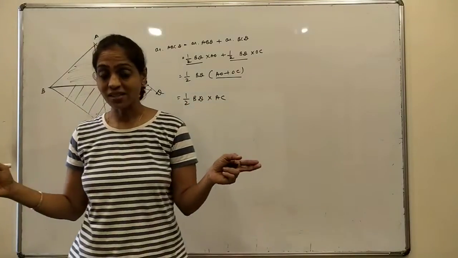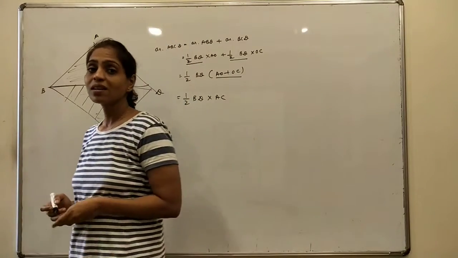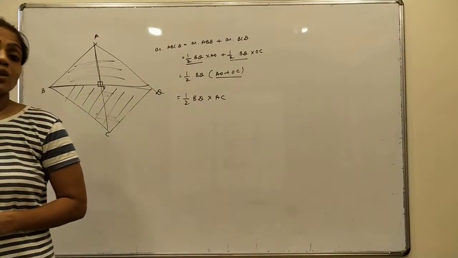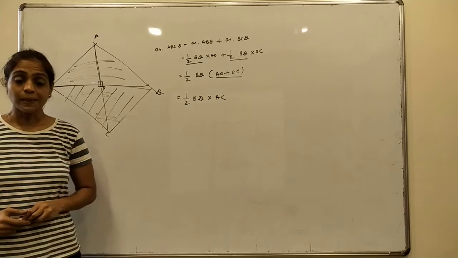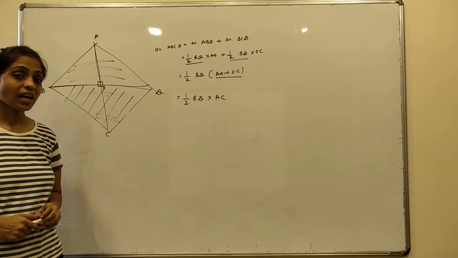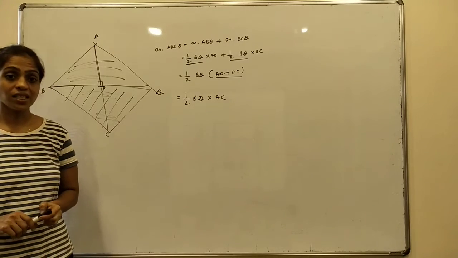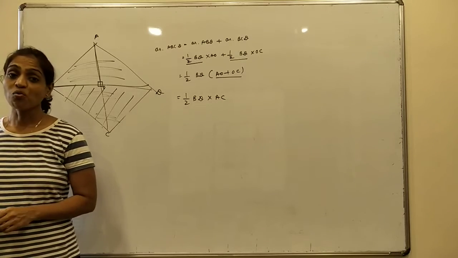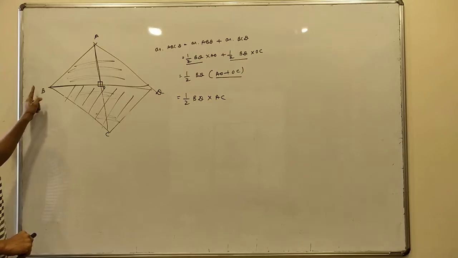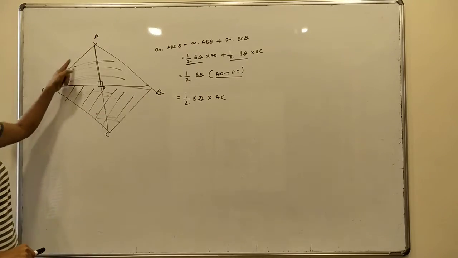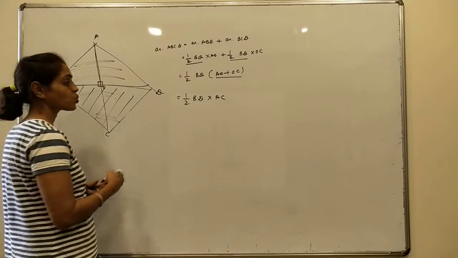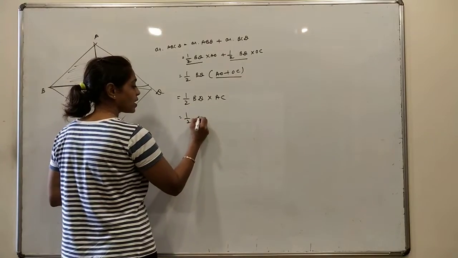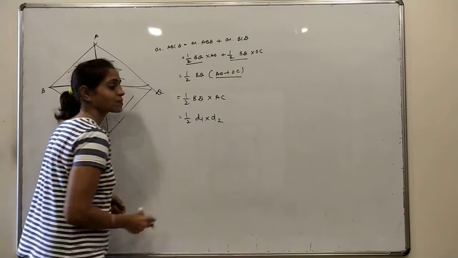So when the quadrilateral's diagonals intersect each other at 90 degrees, the quadrilateral's area is 1/2 of diagonal 1 into diagonal 2.